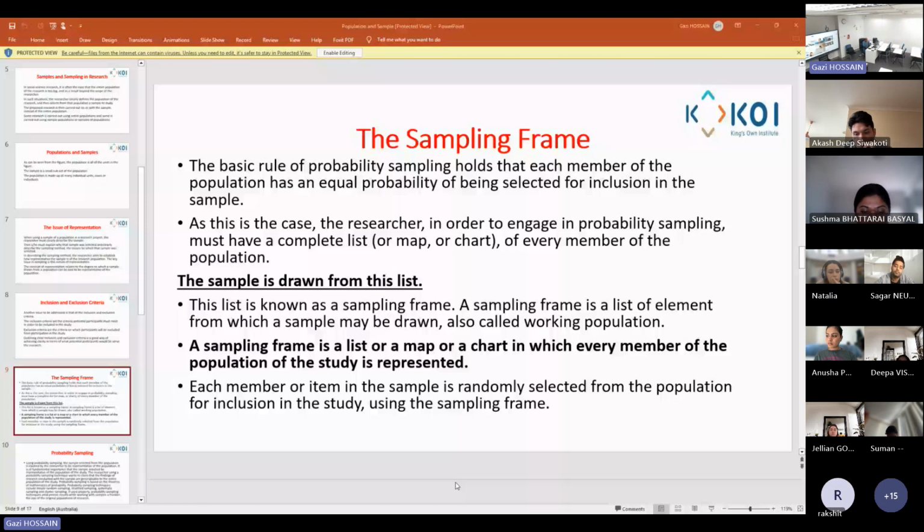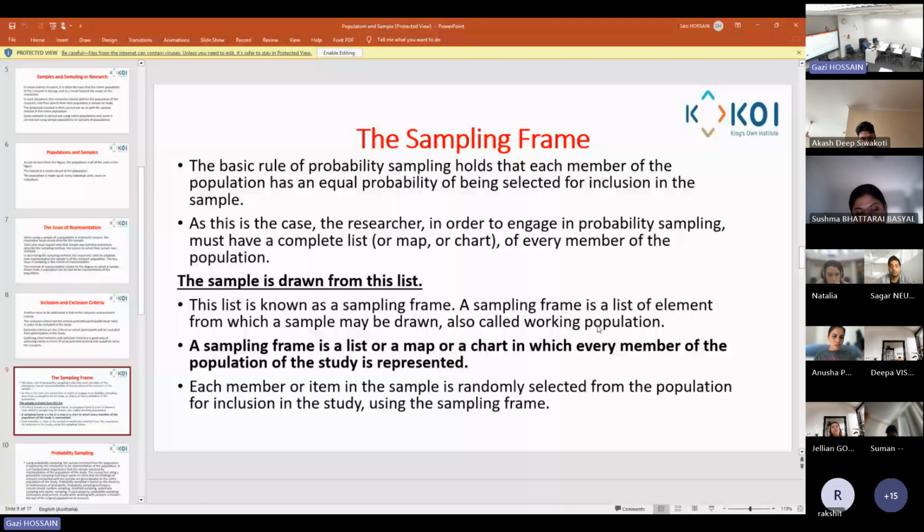Okay. Now look at the types of probability sampling. So here, sampling frame. A sampling frame is the list of elements from which a sample may be drawn, also called the working population.